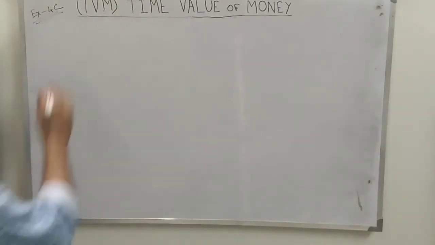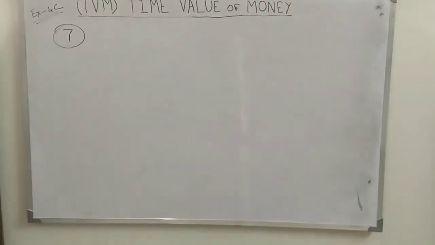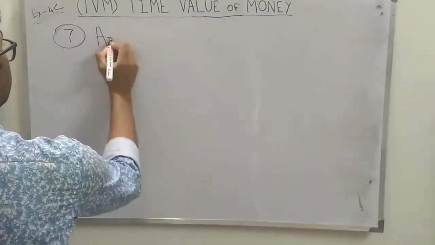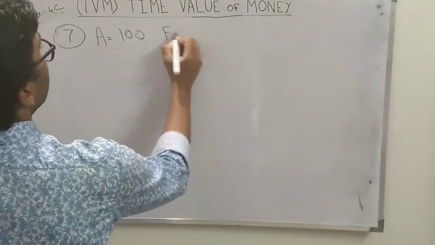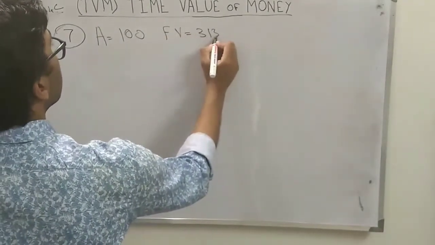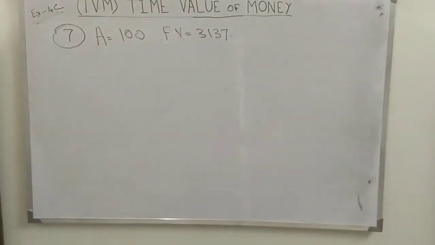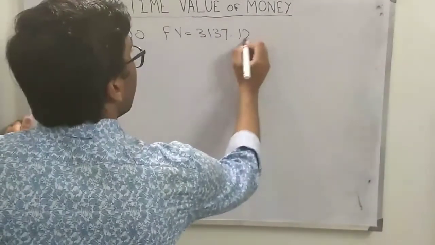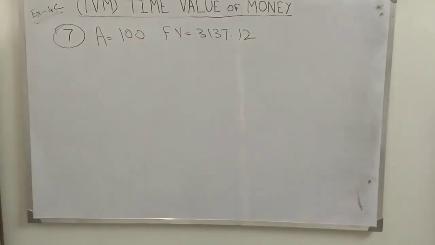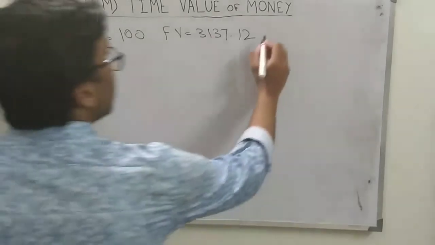Now question number 7. In question number 7 it is said, given annuity of rupees 100 amounts to 3137.12 at 4.5% per annum compound interest.